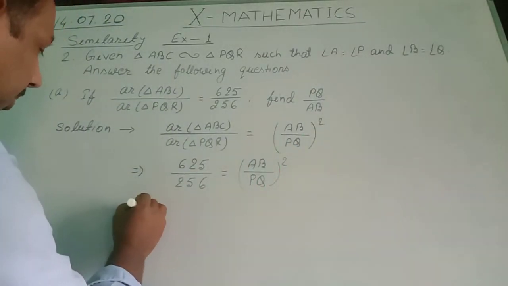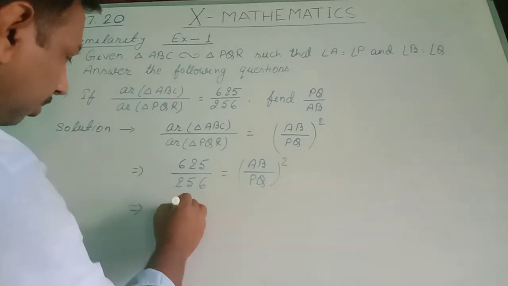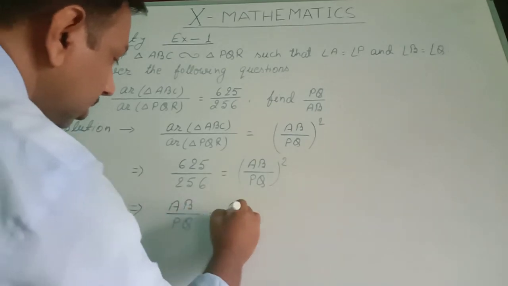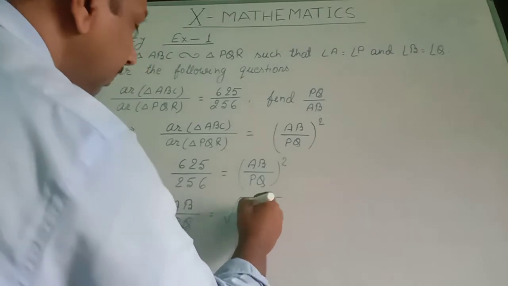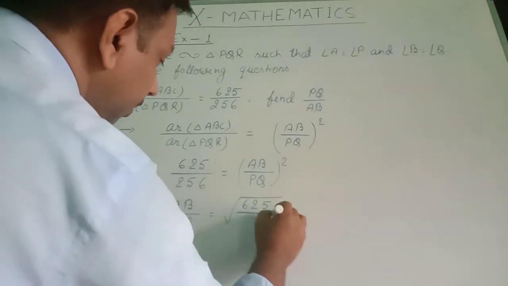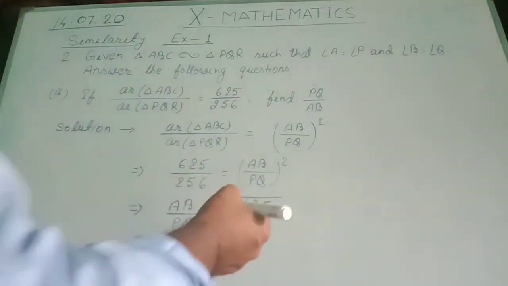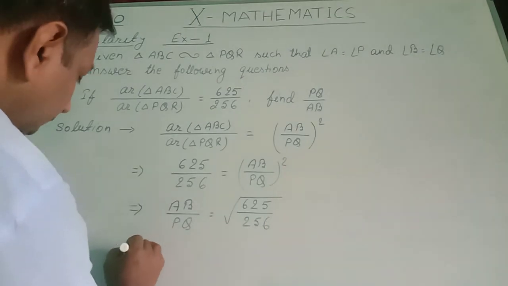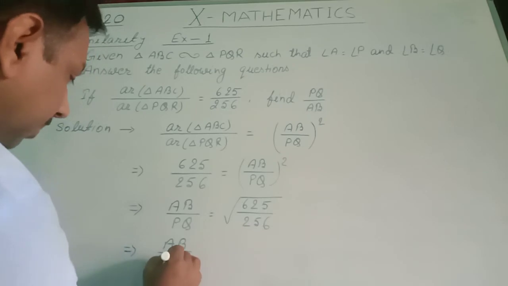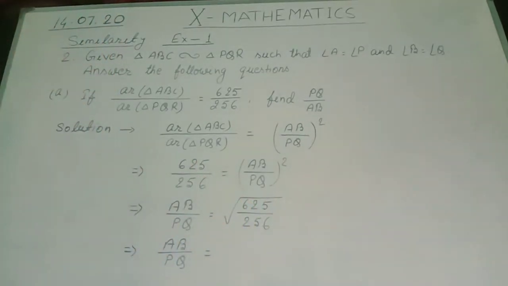Now if you omit the whole square from there, if you write AB by PQ, then you know the square root will come on this side. Under square root we write 625 by 256. Now what are you getting? AB by PQ equal to square root of 625 by square root of 256.